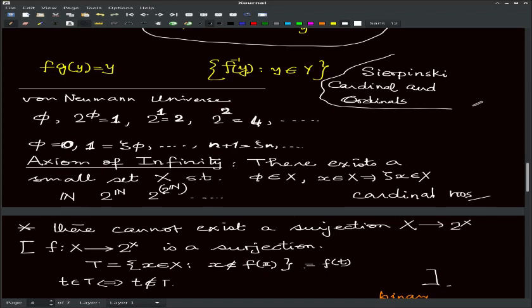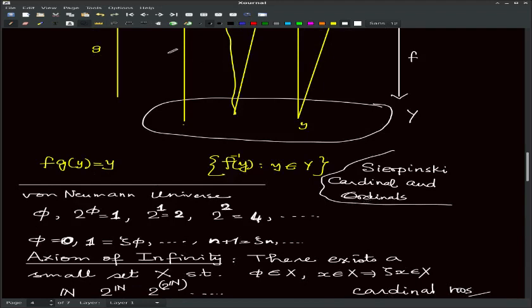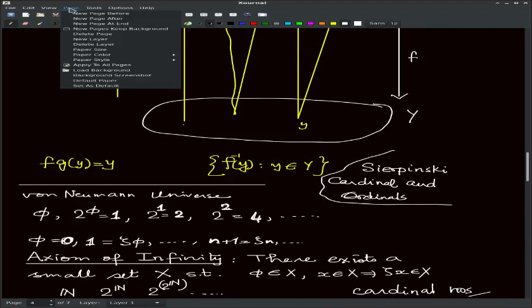So the whole point then is, how do we proceed after? He finds that there is a little better kind of cardinals, which are in between two cardinal numbers, and they are called ordinal numbers.